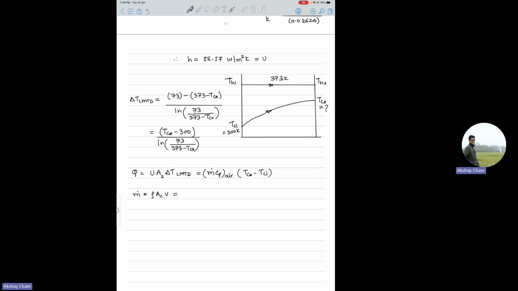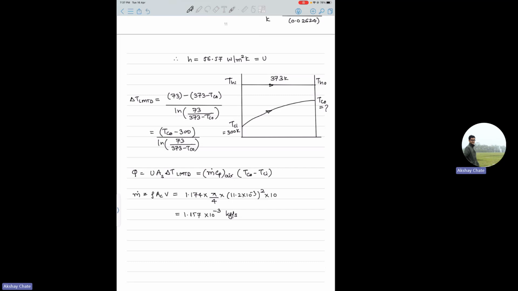So density is given, 1.174, into cross sectional area, which will be pi by 4 into d square, so 11.2 into 10 to the power minus 3 whole square, into velocity, which is 10. If you do this calculation, you should get 1.157 into 10 to the power minus 3 kg per second.